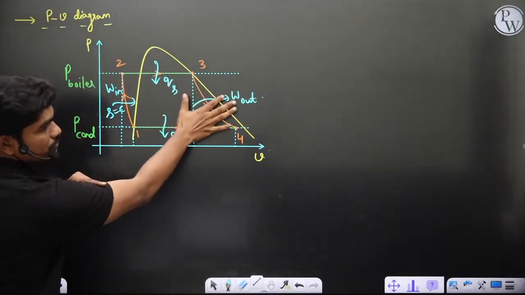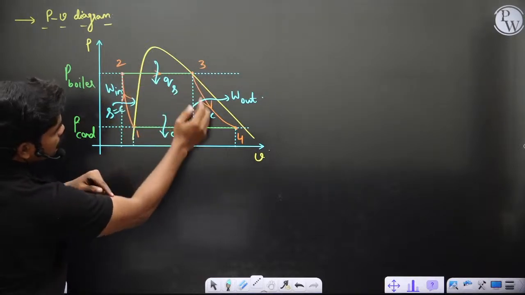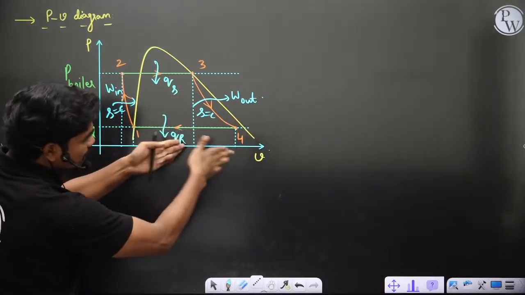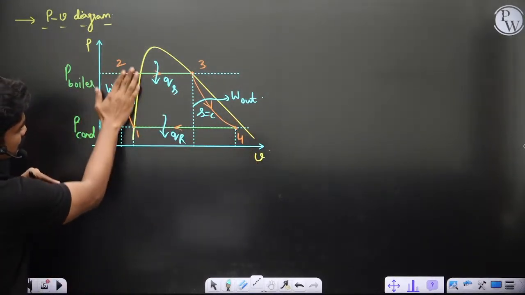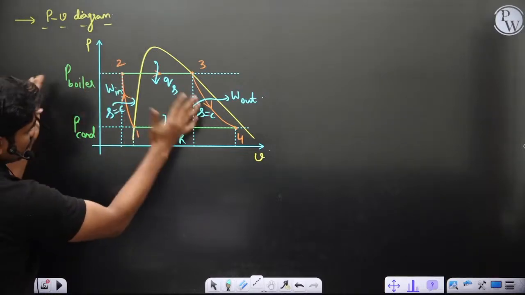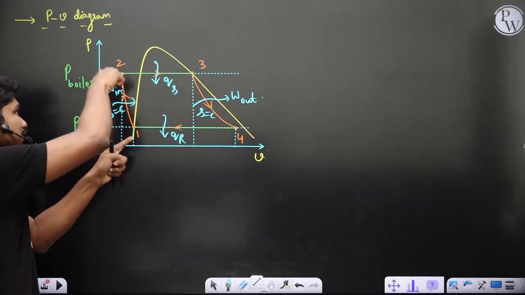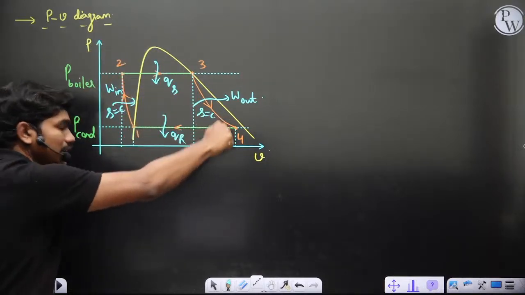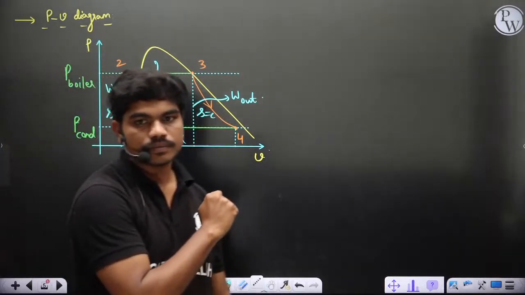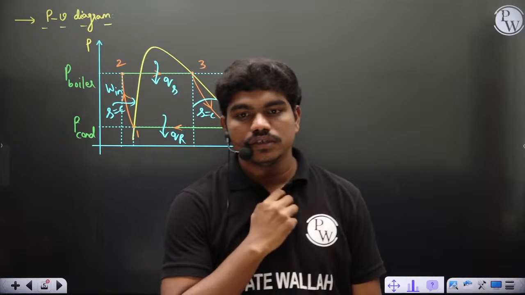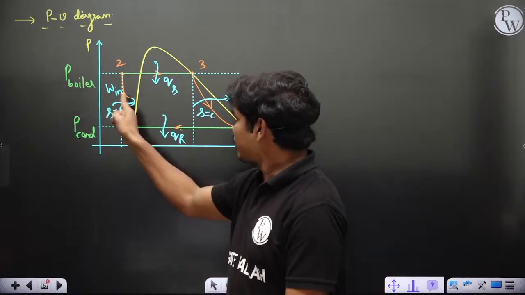So if the gaseous phase of this liquid is more, then definitely expansion can happen. So there is some significant change in volume. But here in this region the substance is liquid, so even if you are applying high pressures, there is no much change in specific volume. That's why this line is generally very steep as compared to this line. Clear? Did you understand why this is of higher slope now?